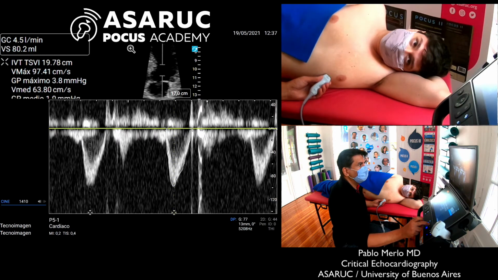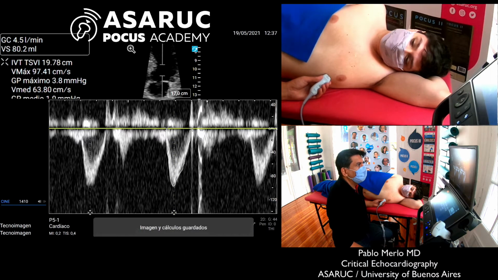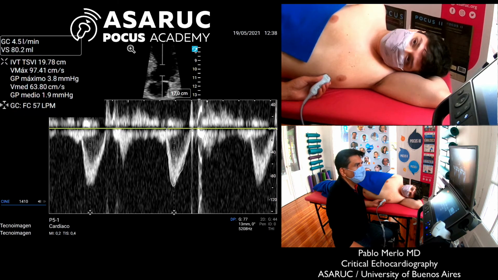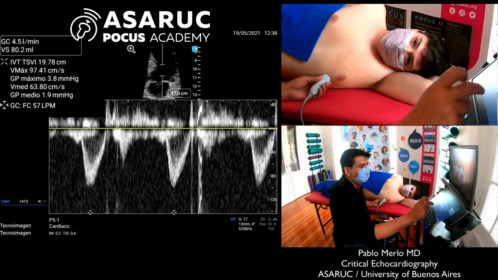The device can then identify the heart rate and calculate the stroke volume, which is 80 milliliters per beat, and the cardiac output, which is 4 liters per minute. As we can see, hemodynamic assessment is a key tool in attending any critical care patient in Pocus and in critical care echocardiography.